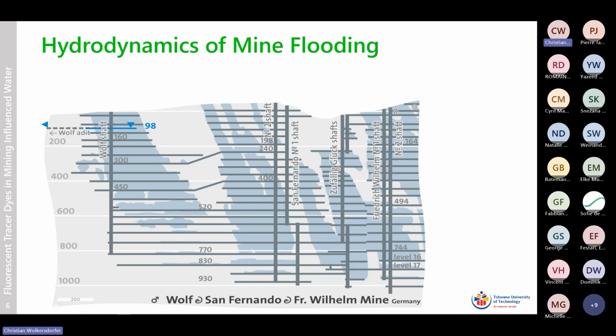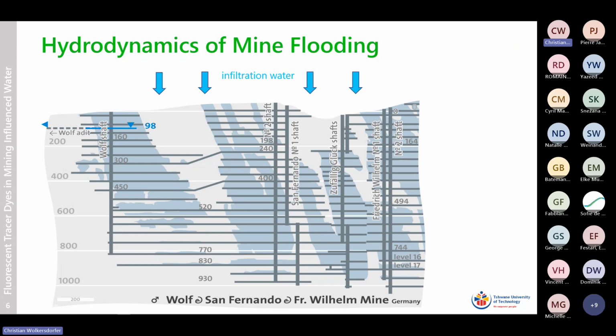Now, I told you that I would like to explain hydrodynamics in flooded mines so that you understand what is going on in a flooded underground mine. This is a cross-section of a former iron ore mine in Germany, and you see a lot of shafts going down, and horizontal are the levels that are partially connected with each other.